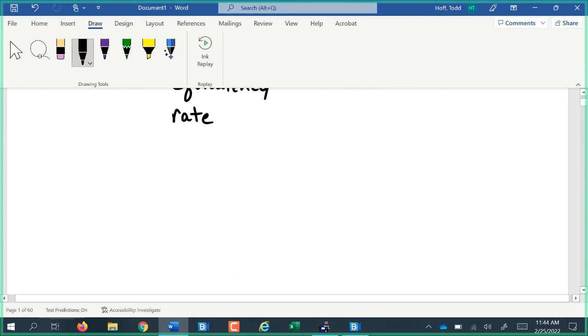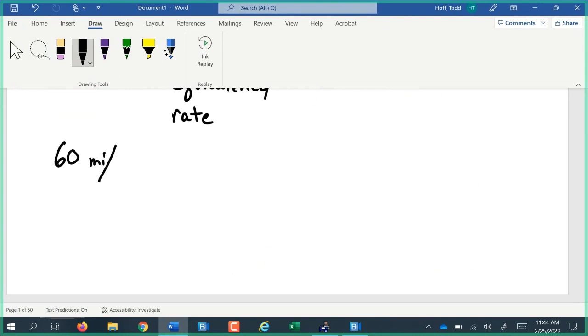For example, let's say we are driving at a rate of 60 miles per hour, and we are getting a fuel economy of, let's just do, 20 miles per gallon. And I want to know what is my fuel consumption in gallons per hour.